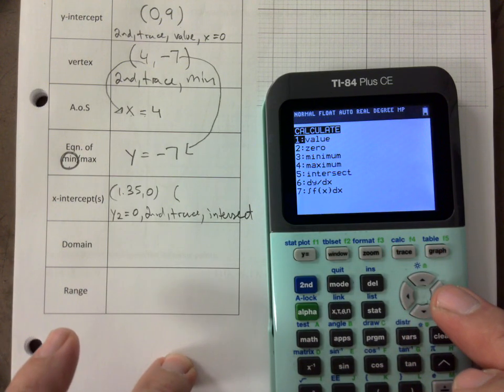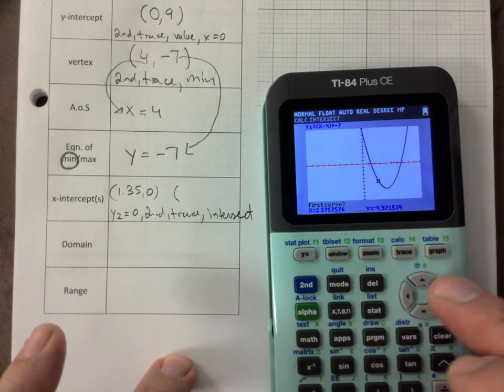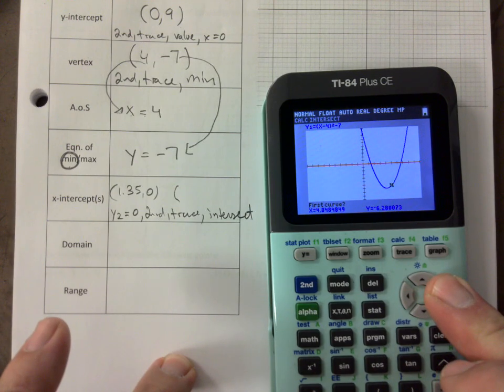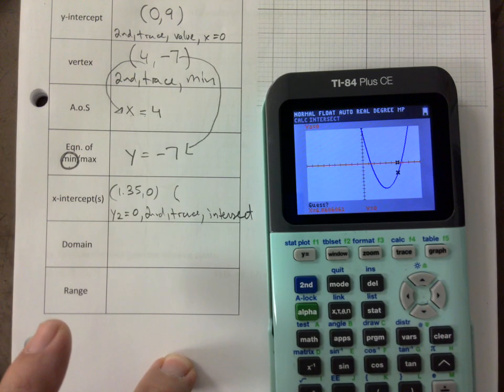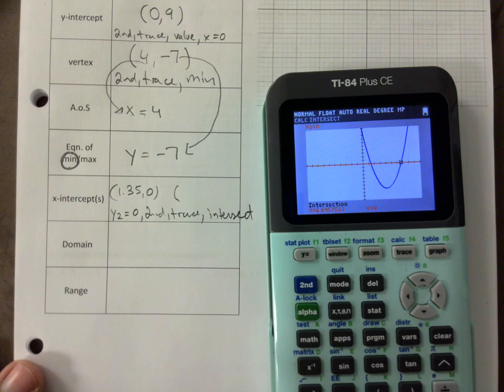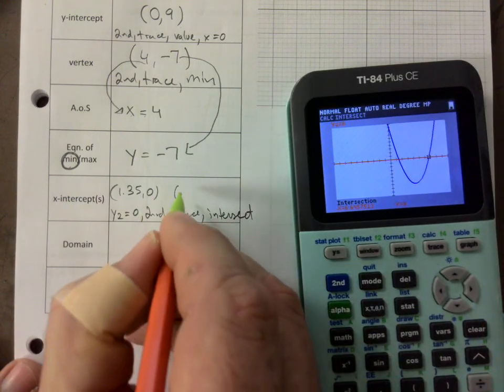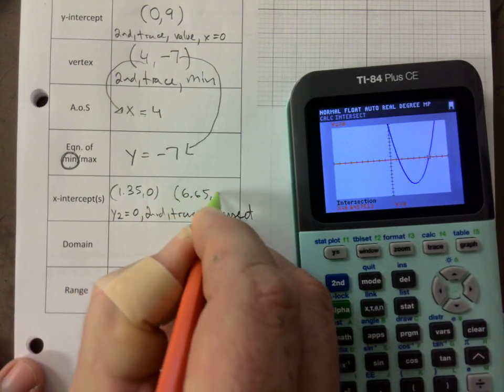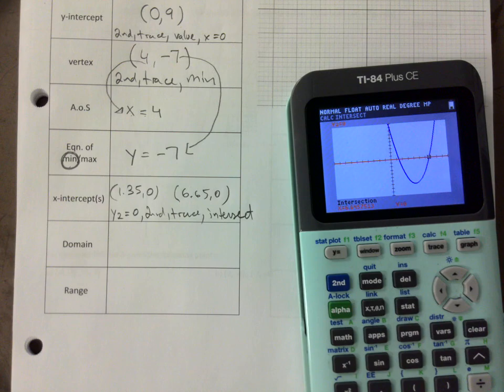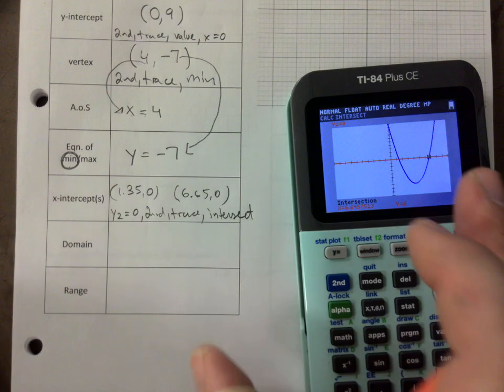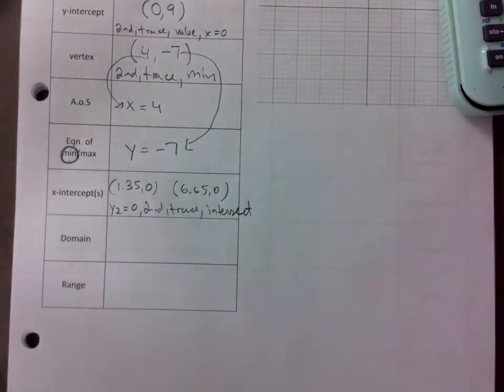I just press 5. I don't go intersect. I don't scroll down anymore. Go closer to that one. Enter, enter, enter. That's 6.65. Okay? We're good? Okay.